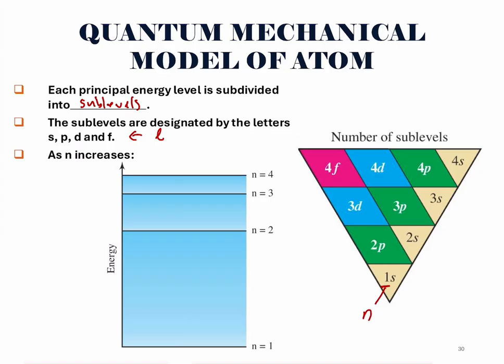And so within each principal energy level, these sublevels, which I'm going to circle in black, these sublevels exist, right? And these have to do with the shape of that wave, right?